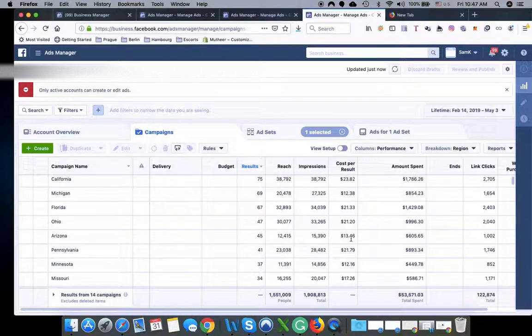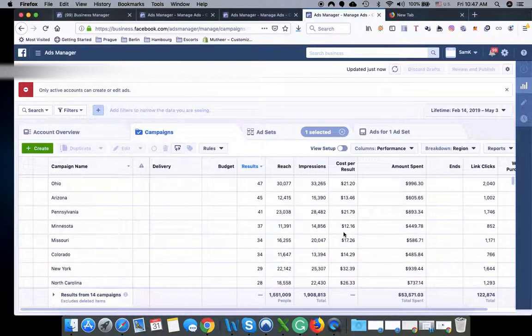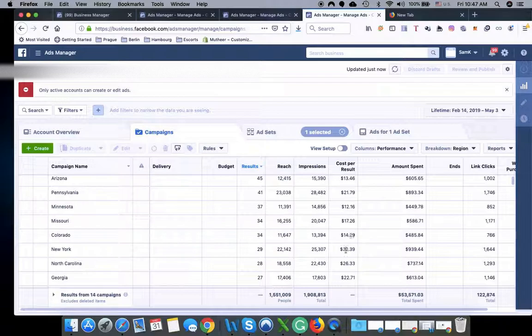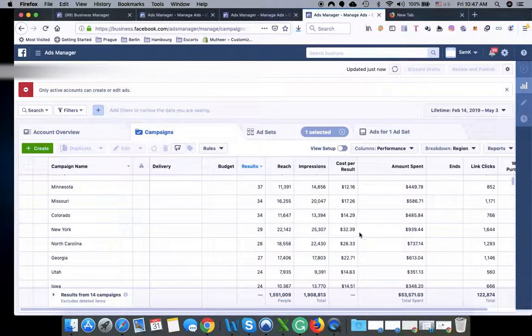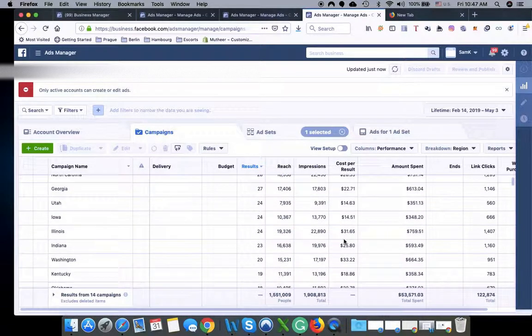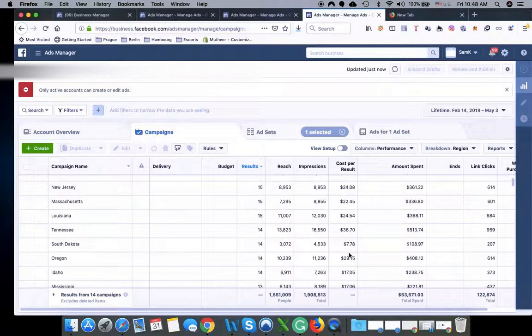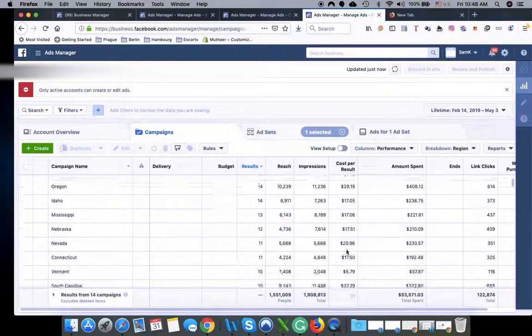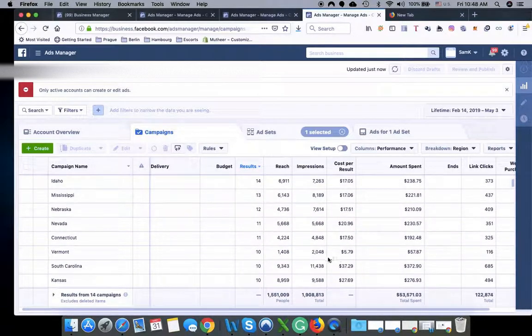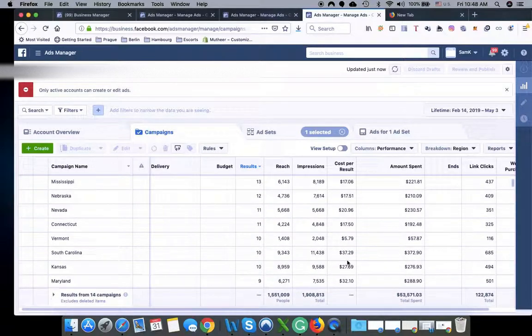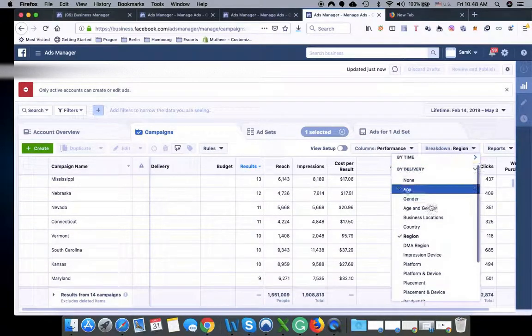Same thing with Arizona, 13 bucks. Minnesota, 12. These are all awesome numbers. New York is okay. But again, the process here, 7 bucks. South Dakota. These are awesome numbers. 5 bucks. Vermont. Yeah, so that's kind of the idea there.